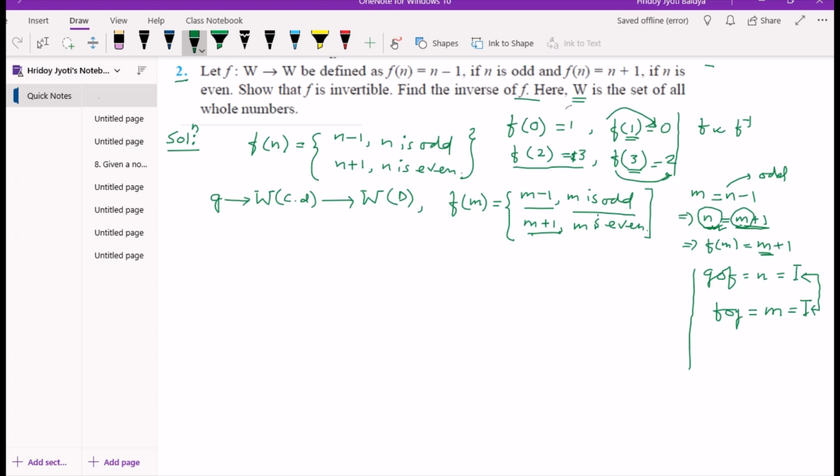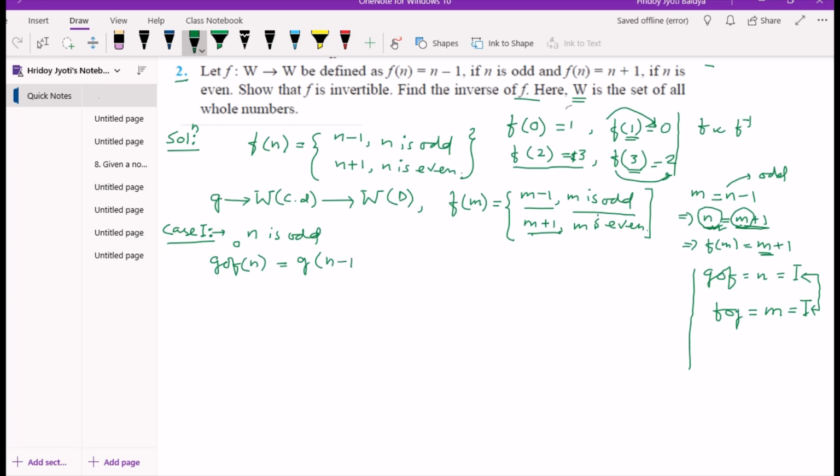We will make two cases for z of f, and two cases for f of z. Case 1 for z of f: n is odd. So z of f of n is equal to z of n minus 1, since when n is odd, f(n) gives n minus 1.